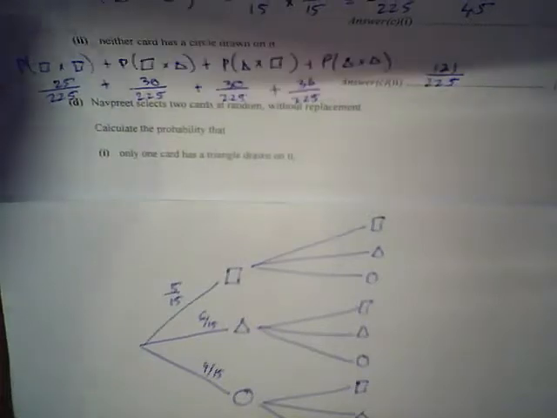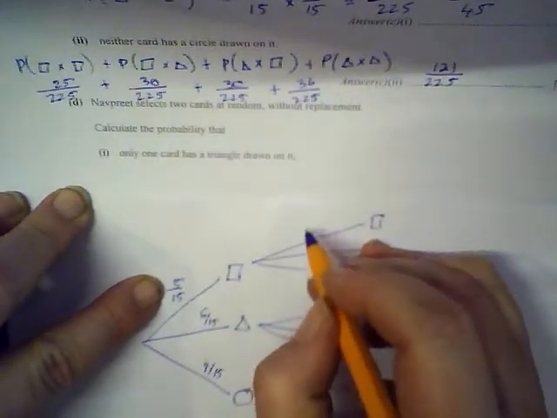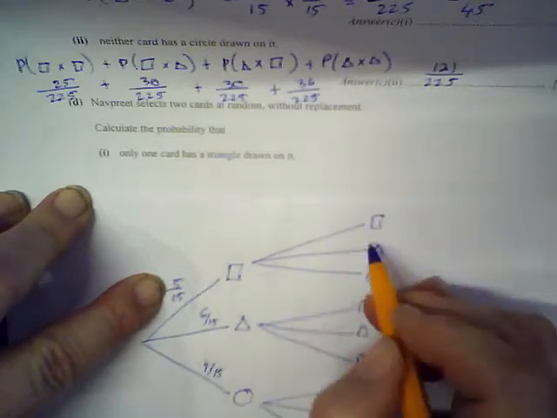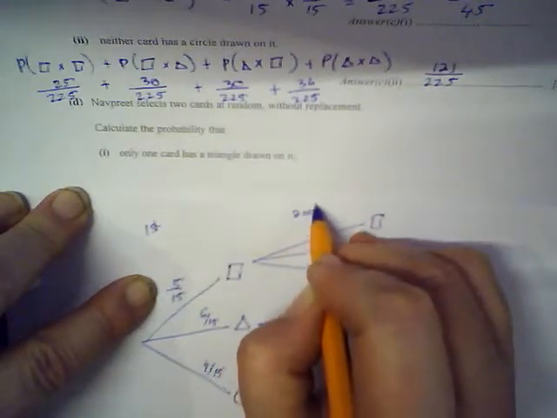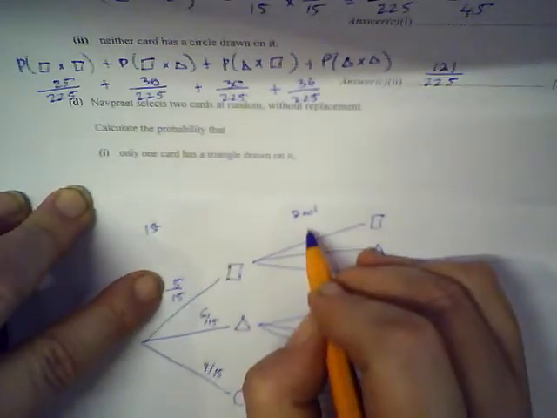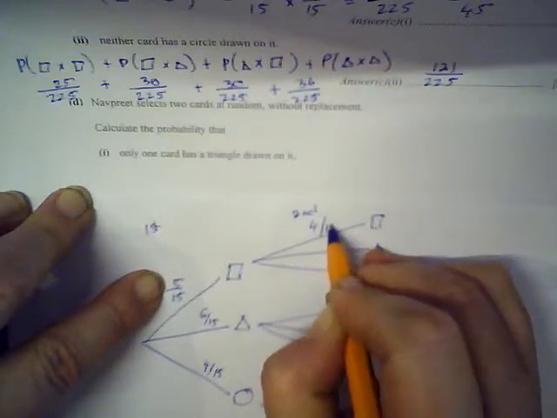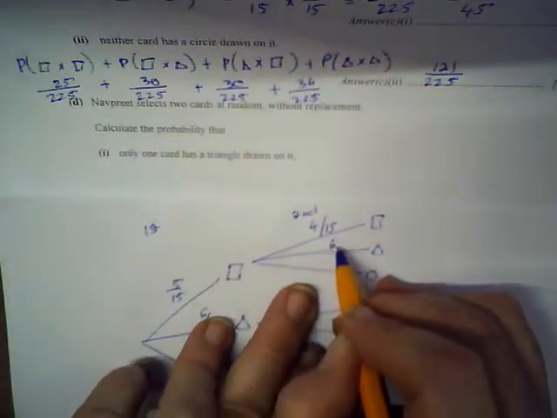Okay, so Navpreet selects 2 cards at random without replacing it. So here she does not replace the card, so it will change the values. So that's my first draw, and the second draw, she doesn't replace the card, she leaves it on the pile next to her. So 4 over 15, sorry, that will stay, 14.